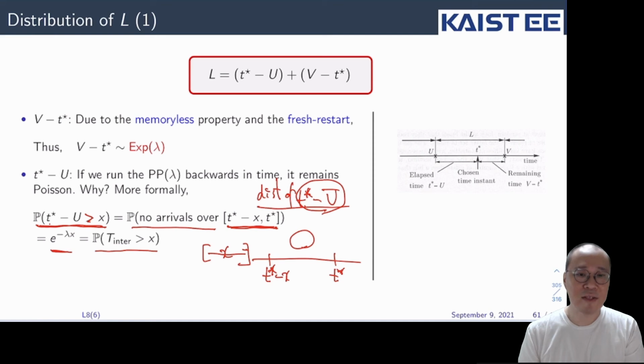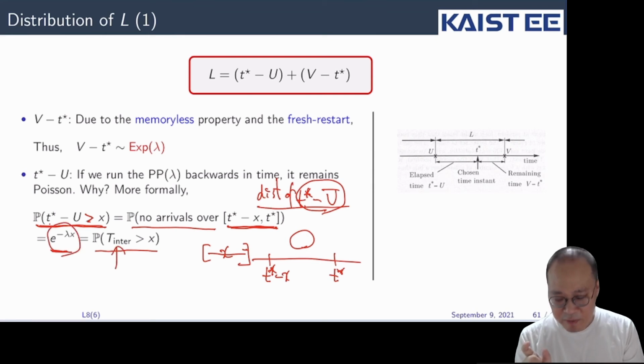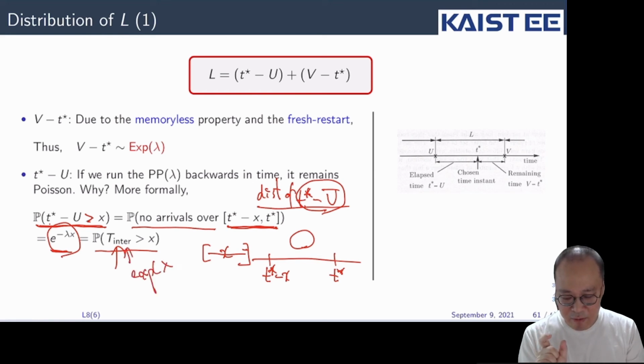I mean the inter-arrival time of the Poisson process, right? Because the CCDF of the exponential random variable is e to the minus lambda x, since this is an exponential random variable with parameter lambda. I'm just telling you that t star minus u has the distribution of an exponential random variable with parameter lambda.